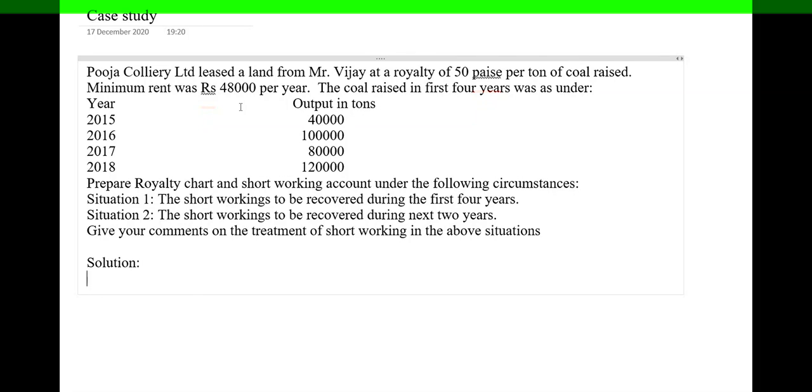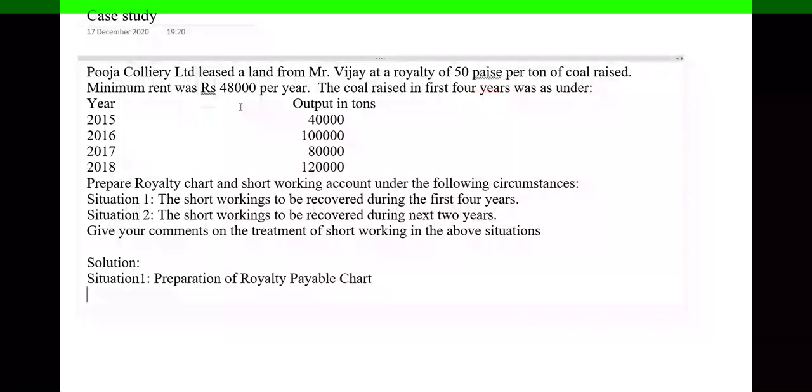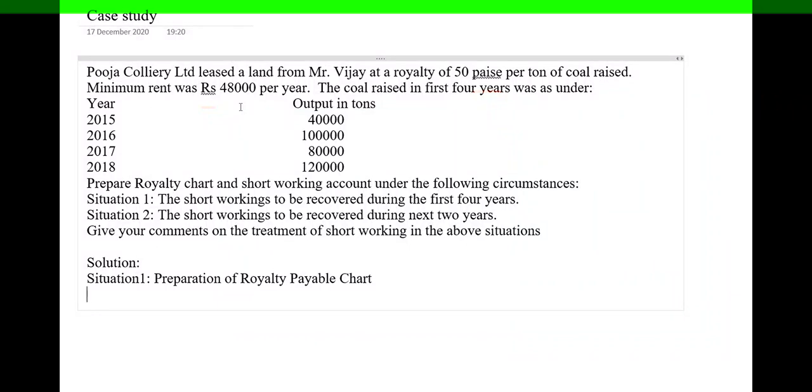So situation 1, that is a preparation of royalty payable chart. So in this problem we are required to prepare the royalty chart and the short working under the 2 circumstances. That is, one is when the short workings are recovered in the first 4 years and the short workings are recovered in the next 2 years.